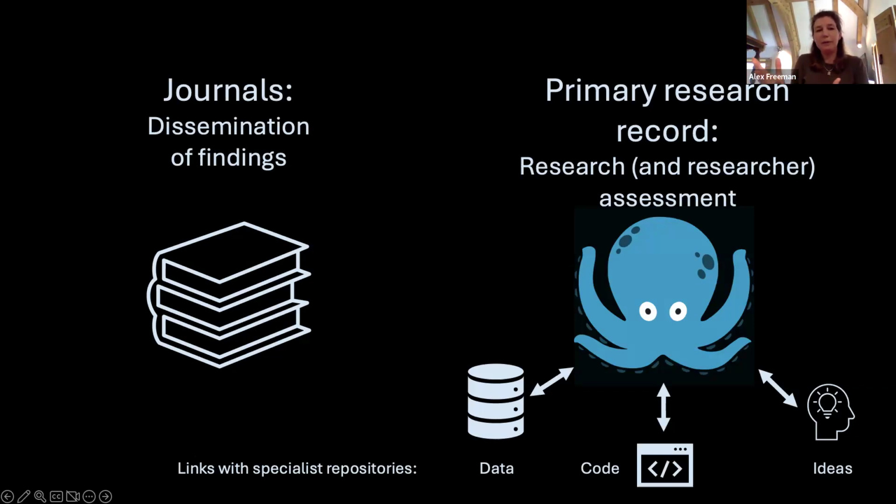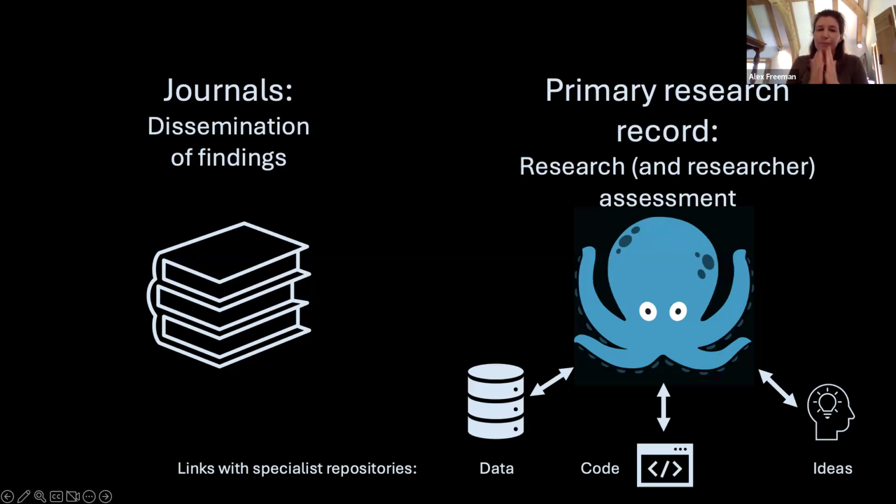You can link it all in Octopus and get DOIs for each of those aspects of it and make sure that it's recorded for posterity so other researchers can learn from it. And it's also there for research assessment, so other people can peer review it, and your funders and your institutions can see that you've done that work and that you get credit for it.